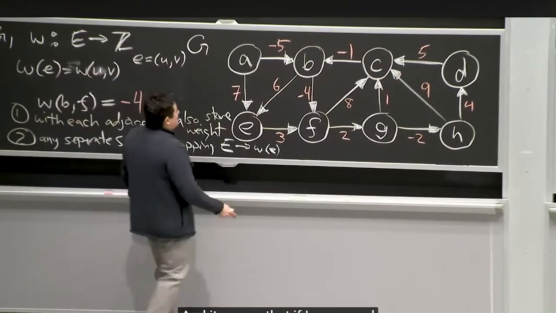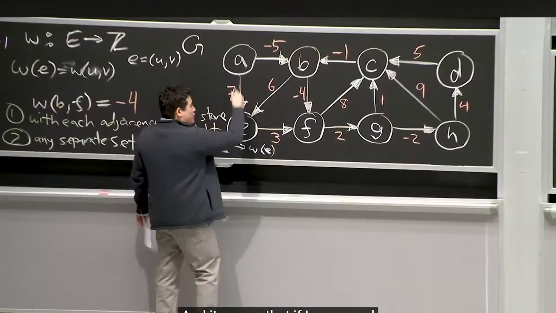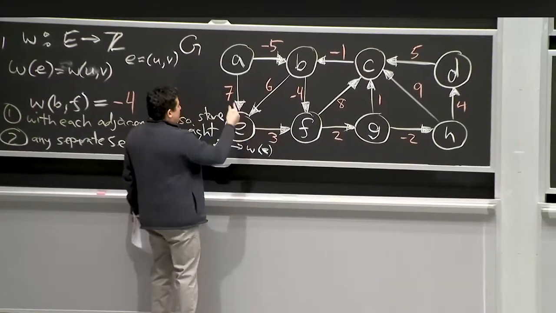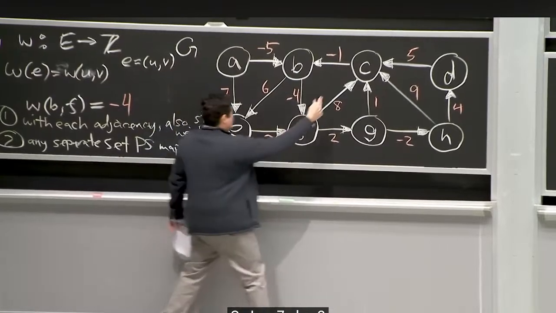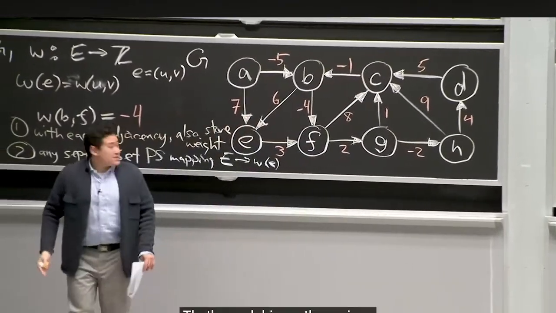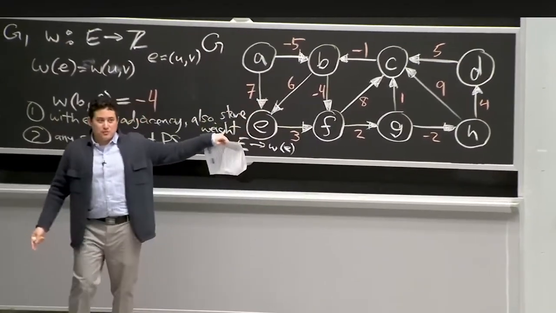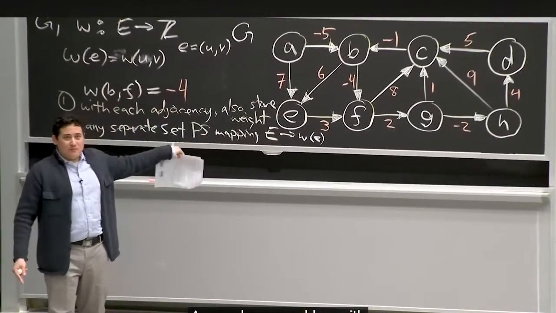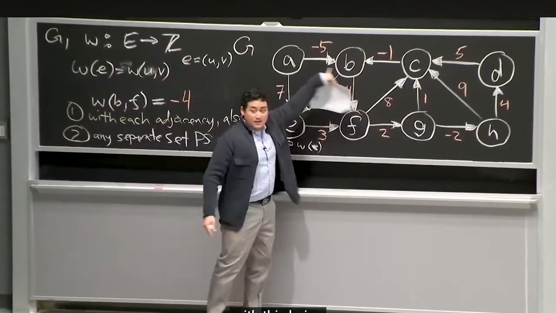And it seems that if I go around this graph through another way, it might be bigger, right? So I go 7 plus 3 plus 8, that's 15, minus 1, that's 14. That's much bigger than my -5. So it seems like -5 should be good, right? Anyone have a problem with this path? Or a problem with this being the shortest path?